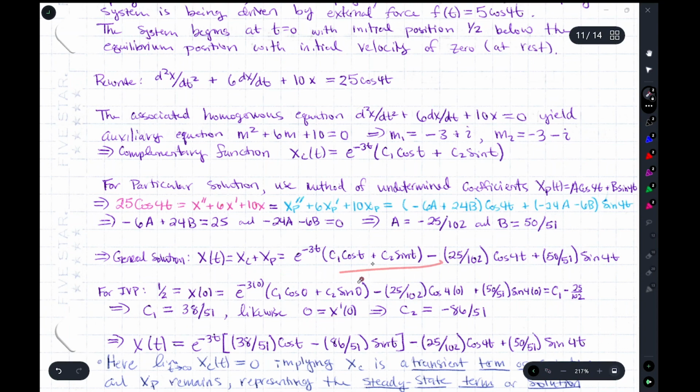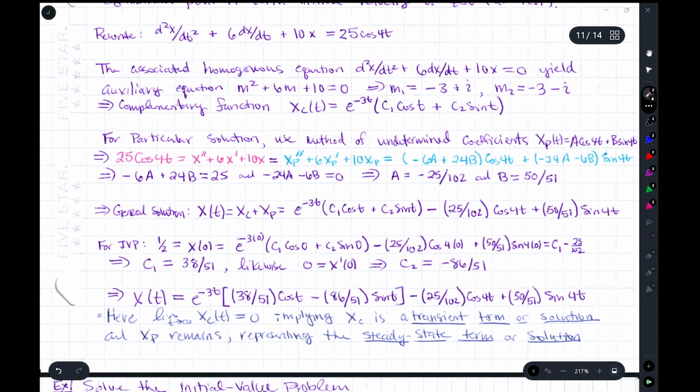I don't write it here because, product rule, it's going to be a longer expression. But if you take the derivative, plug in 0, and set that equal to 0, you get that C2 is equal to this. And so plugging these constants into our general solution, we get what you see here.